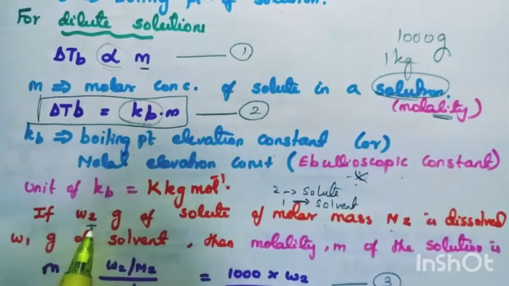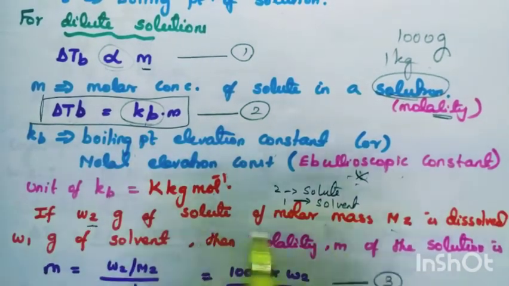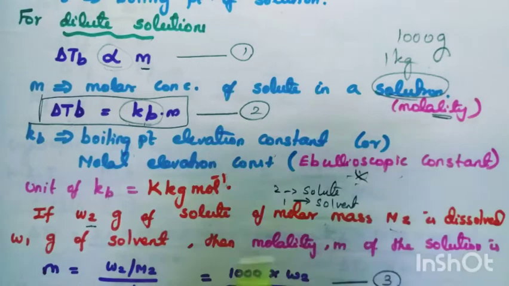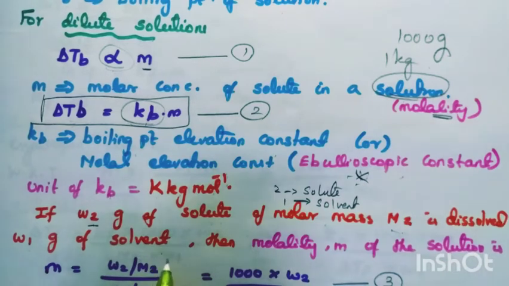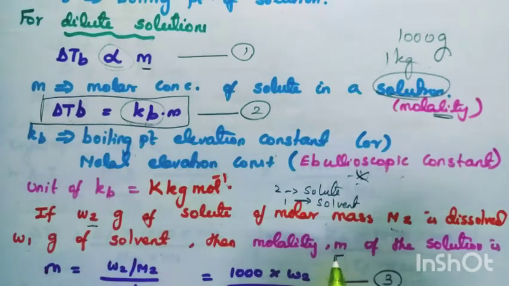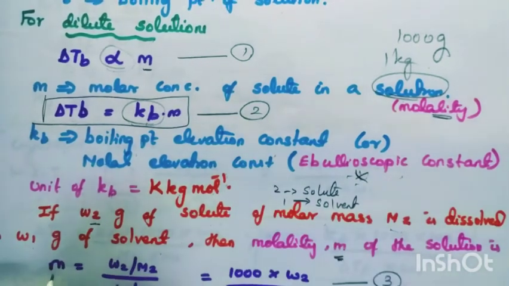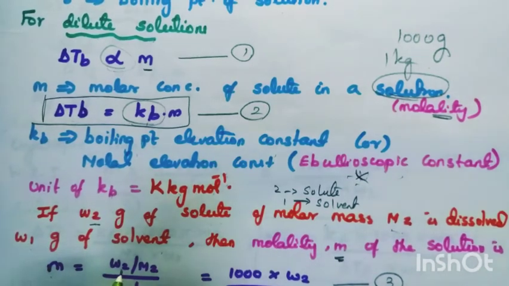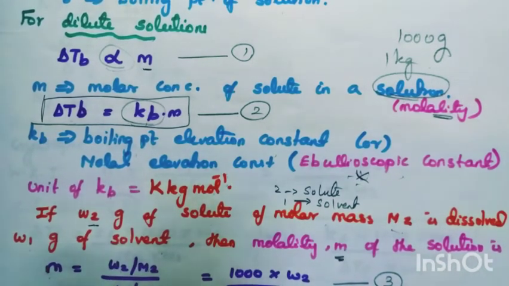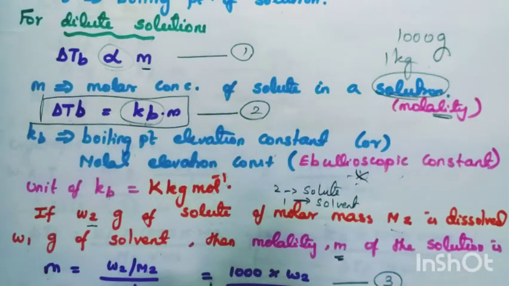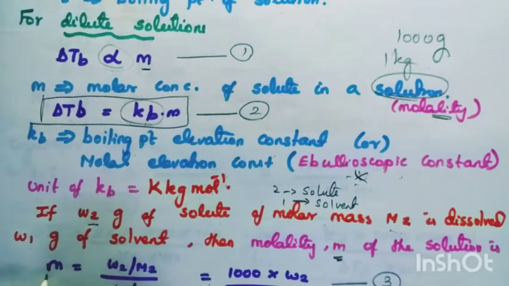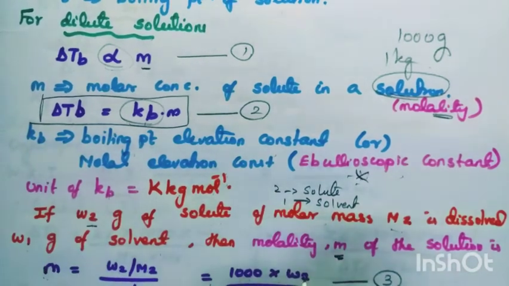Then the molality m can be written as m is equal to W2 by M2 divided by W1 by 1000. That can be written as 1000 comes upward and M2 comes downward, so m is equal to 1000 into W2 by M2 into W1.